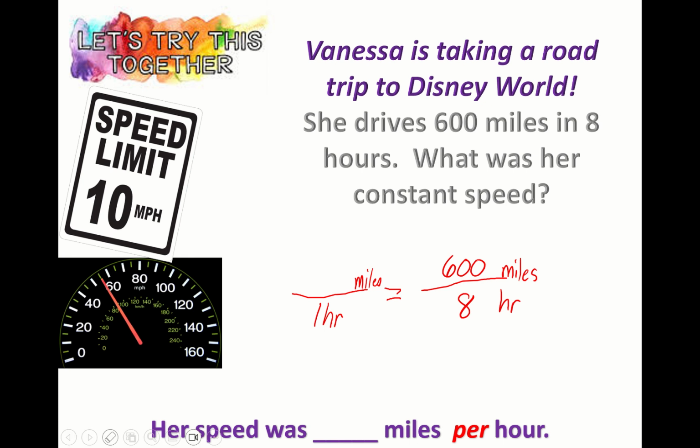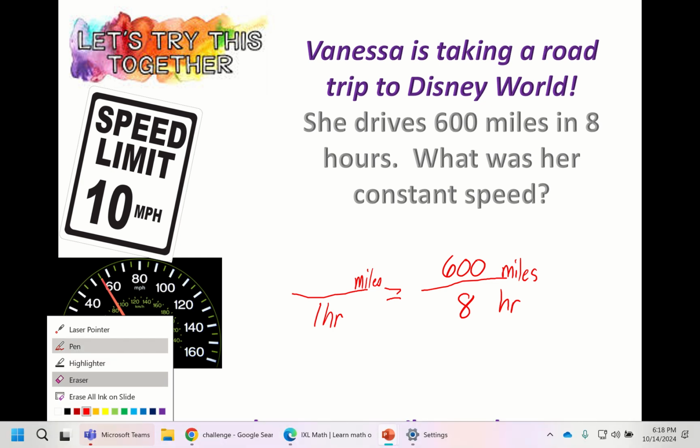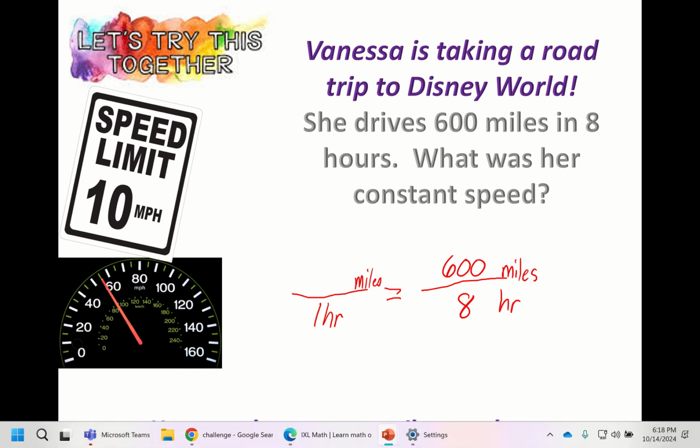And I am going to go ahead and use a variable here. Let's go ahead and I'm going to use M for the missing miles, okay? So our variable of M here.